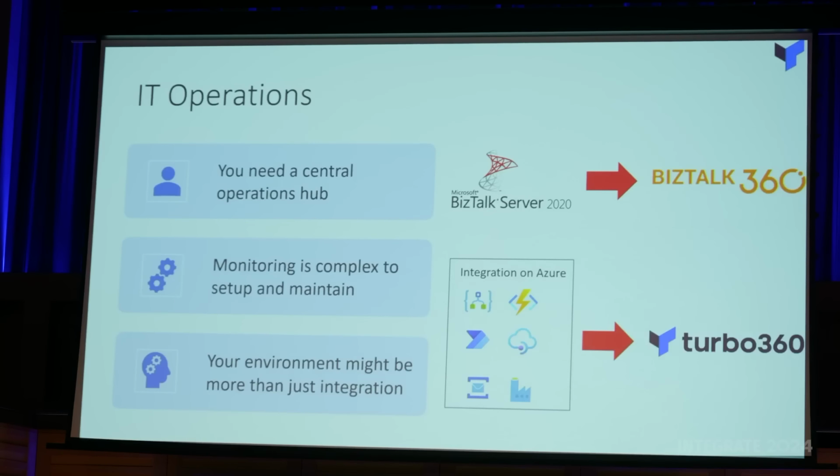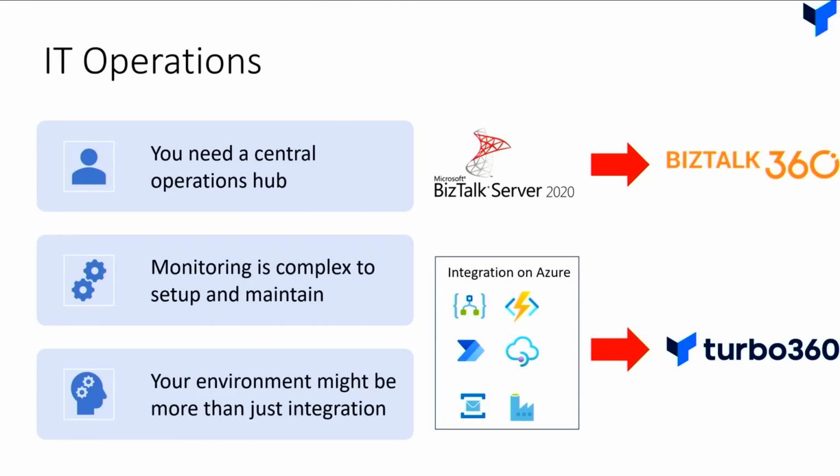Okay, so IT operations, what do we actually need to be successful in production with our integration platform? In BizTalk 2020 or earlier, you needed BizTalk360 to help you. For Azure integration, I think you need Turbo360, which is why I'd like you guys to chat to me.